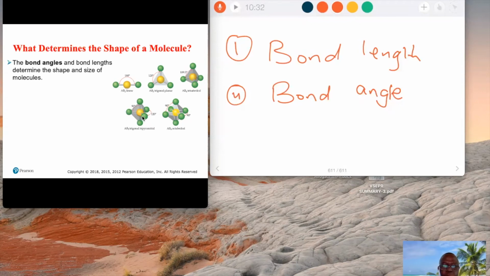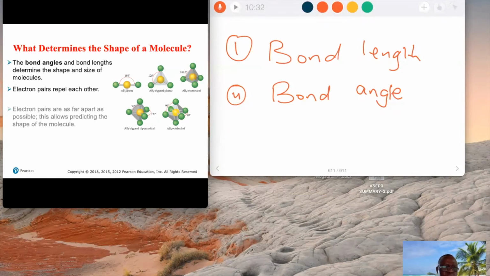This affects the bond angle: on the equatorial it is 120, but for the axial it is 90, and then octahedral. As we move forward, these are the five molecular shapes we need to learn and commit to memory, and I will show you down the line how we arrive at those shapes.